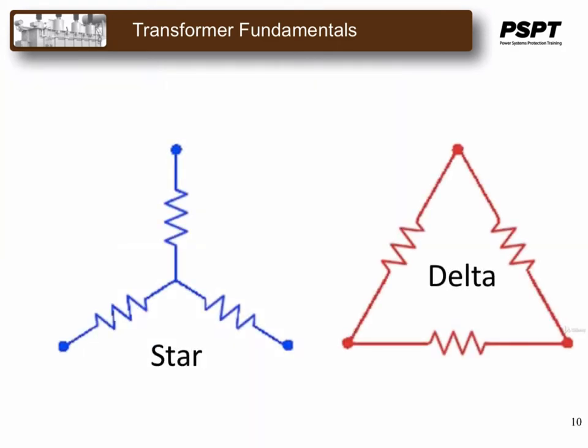The connections of a three-phase circuit may be divided into two basic classes, a star connection or a delta connection. The star connection has a neutral point at the junction of the three individual phases, and single-phase loads may be fed from any one of the phases to neutral.